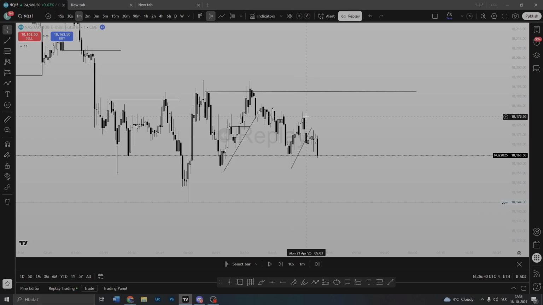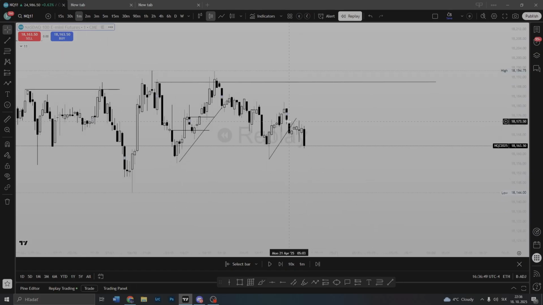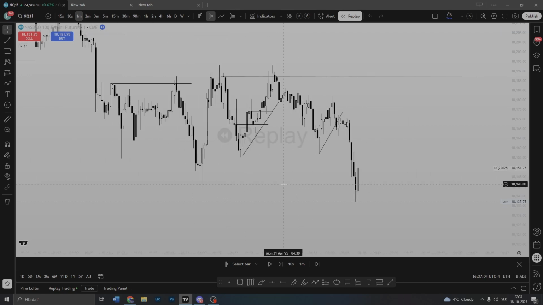So we took internal highs. This is the rebalance, and now we are closing strongly below this accumulation. So this could be the spark of some move, but I'm not sure if we'll take just internals or if we are going for the low right here. Okay, so we took the low.